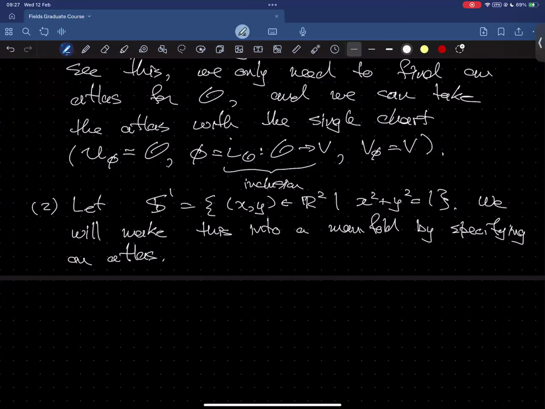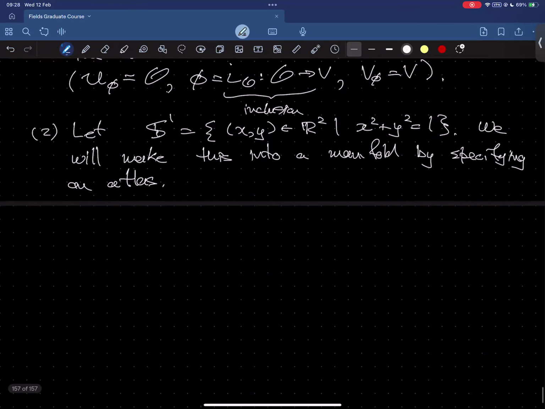Okay, so there's many different ways you can put charts on this set S1. Unlike the previous example, it's not possible to make this into a manifold by covering it with a single chart. You always need at least two, and you can do it with two, as we will see. And I'm going to give you two different versions of an atlas.